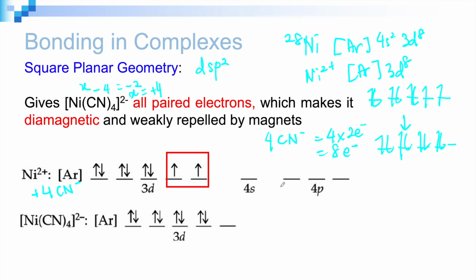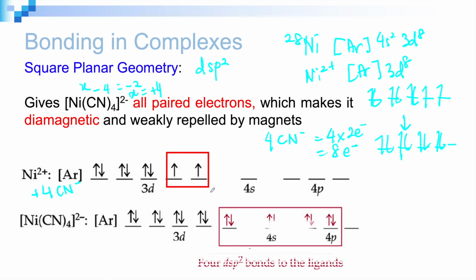Because one ligand will give you 2 electrons, you need one orbital, and the maximum number of electrons to occupy an orbital is 2. Then you start to fill up the 8 electrons into the 3d, 4s and also 4p. So this is where you get the dsp2.